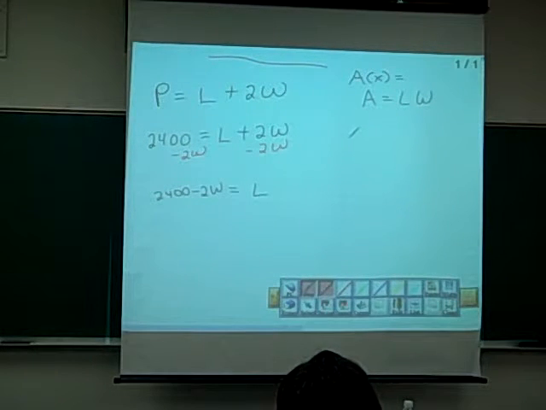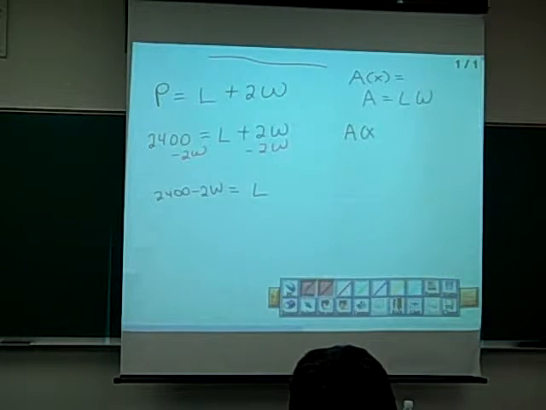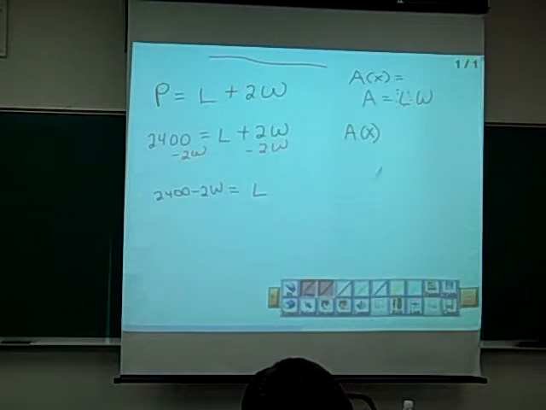Alright, so now we want to model our area in terms of x. So it's like we're cutting that length out, right? And we're putting parentheses there, and we have width. Okay? And so we're going to substitute in 2400 minus 2w.